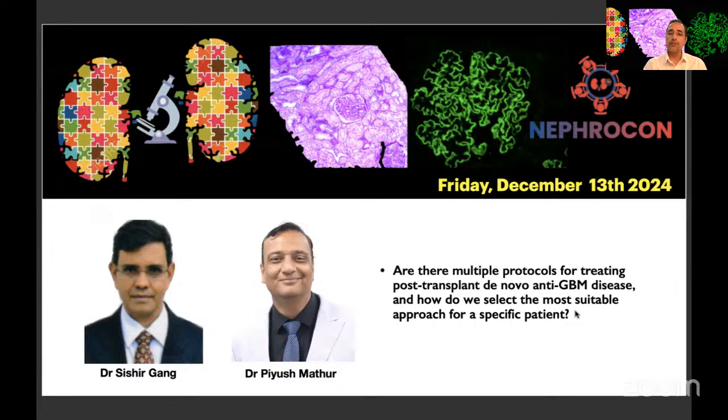What should be the most suitable protocol for that particular patient? Because whatever protocols we are using for de novo anti-GBM disease come from the knowledge of native kidney diseases and trials conducted for native kidneys, and we couldn't find a particular trial for this. So Dr. Shishir, I'll start with you. What is your take on this issue?